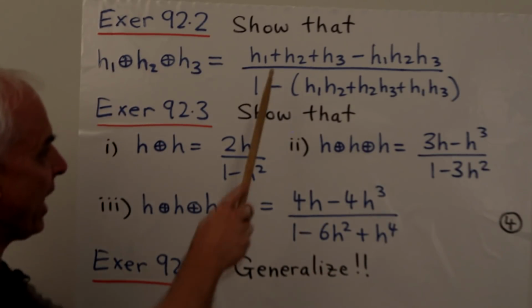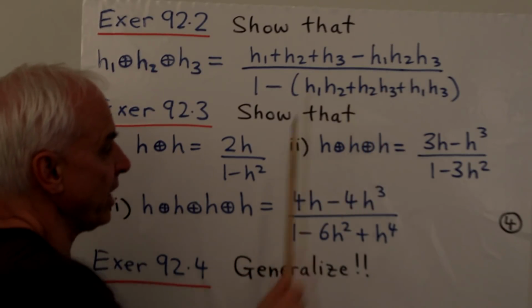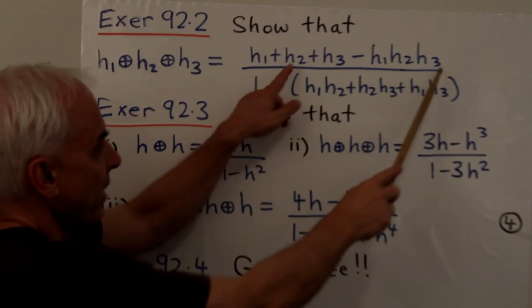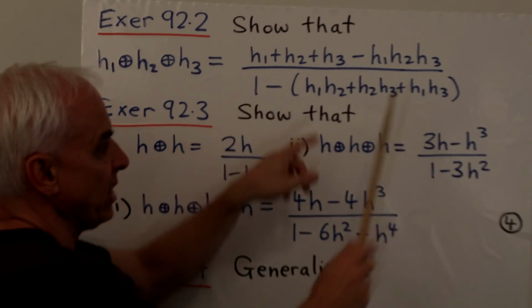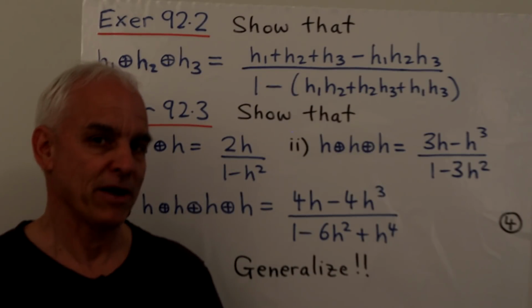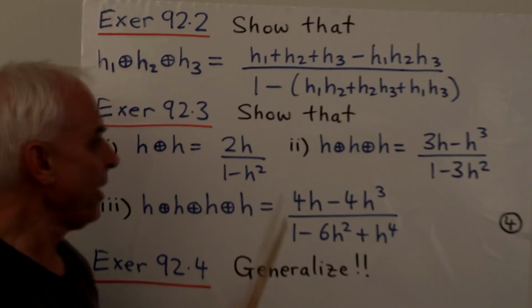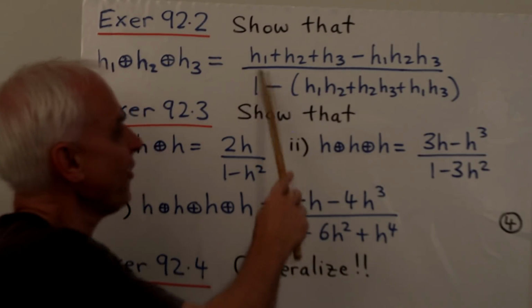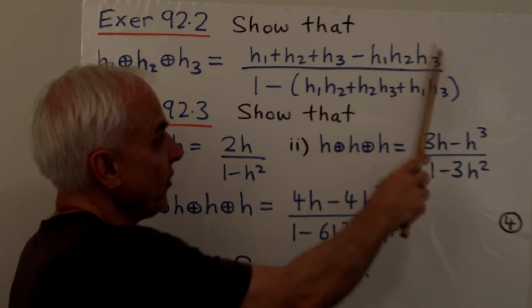Have a look at this. h1 plus h2 plus h3 minus the product h1 h2 h3, divided by 1 minus this sum: h1 h2 plus h2 h3 plus h1 h3. So I hope you recognize the four symmetric functions of h1, h2, and h3. That's the constant symmetric function. That's the linear symmetric function. That's the quadratic one. And that's the cubic one.